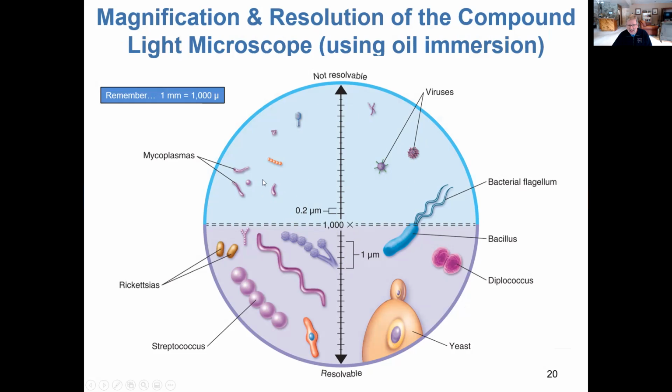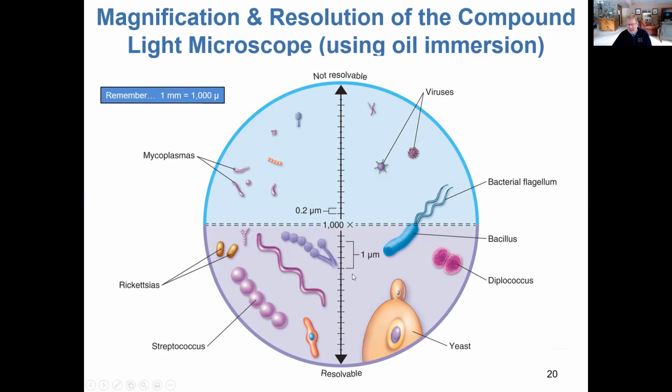We cannot see certain types of prokaryotic cells called mycoplasmas. These are viruses up here too. We can't see bacterial flagella. We can see the cell, but the flagellum, or in this case, two flagella, we just don't quite have the resolution to see those.